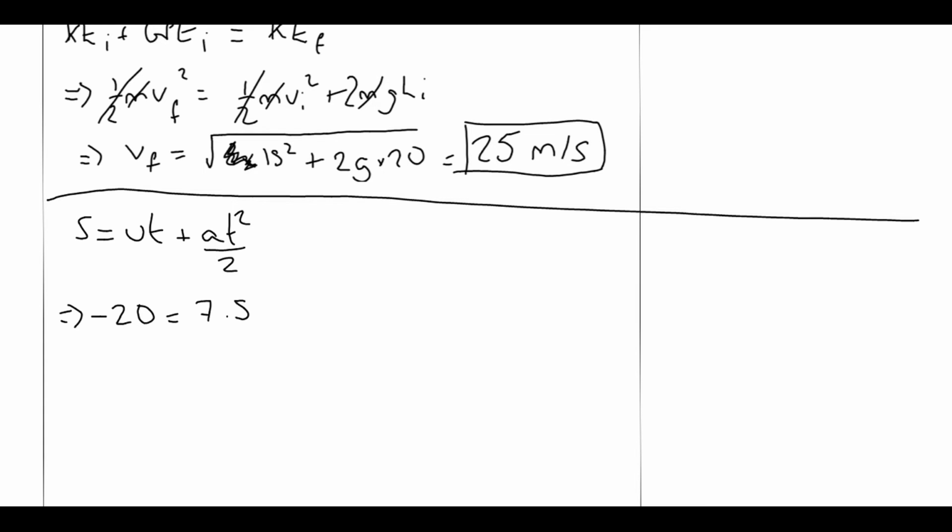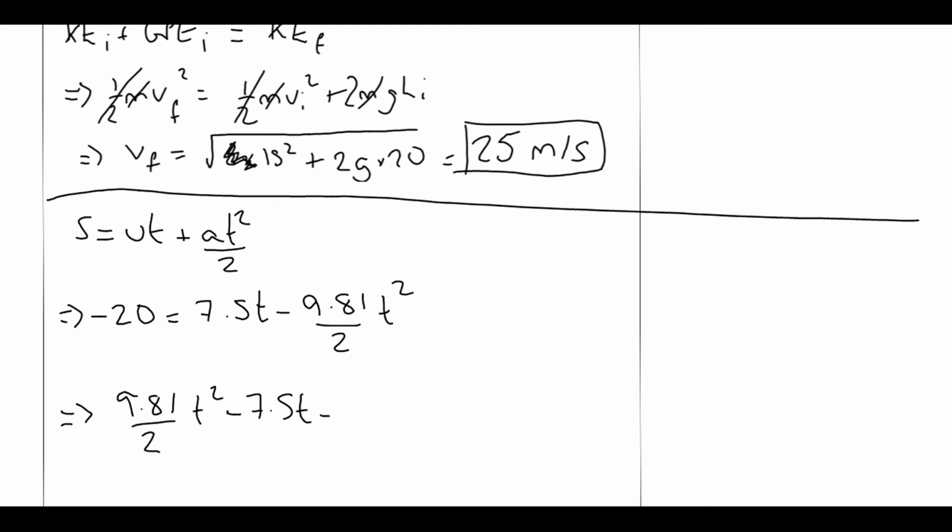I would normally encourage you to rearrange in algebraic form, but in instances of SUVAT equations, since a lot of things end up being 0, it's usually more effective to substitute in the values, and we end up with a quadratic equation. So we know that 9.81 over 2 t squared minus 7.5t minus 20 is equal to 0.